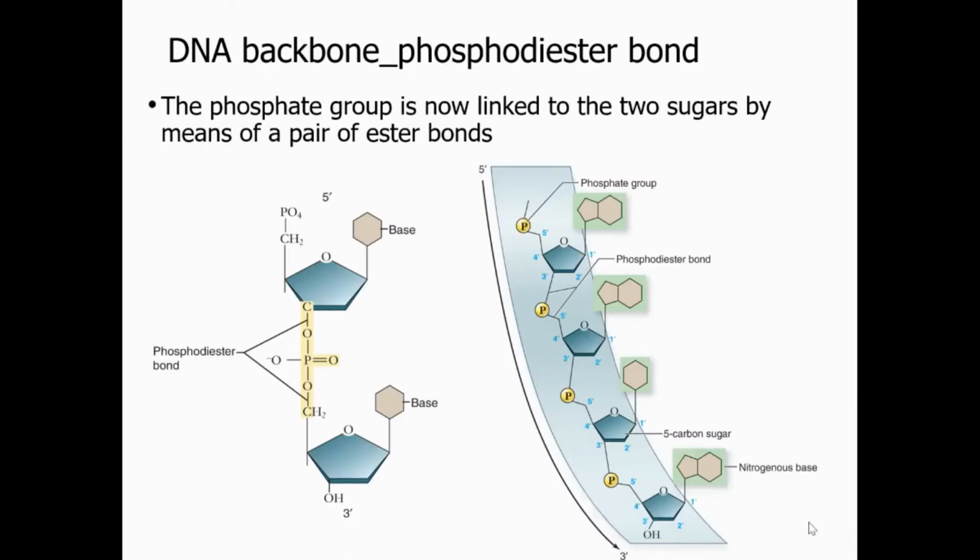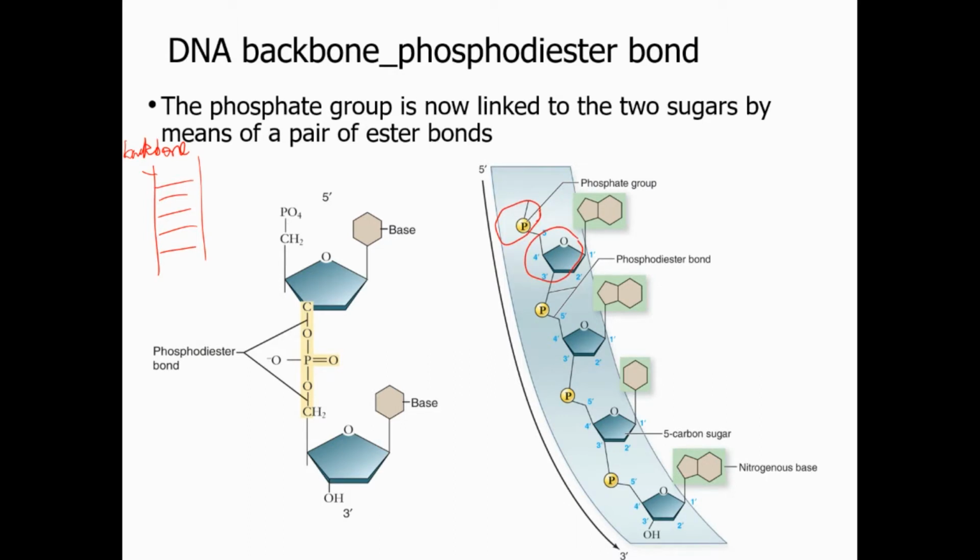All right, now we're going to look closely at the DNA structure. Remember I said DNA is like a ladder, right? So this part is going to be the sugar phosphate backbone. It's made of the 2 components in the nucleotide, the phosphate group and then the sugar.